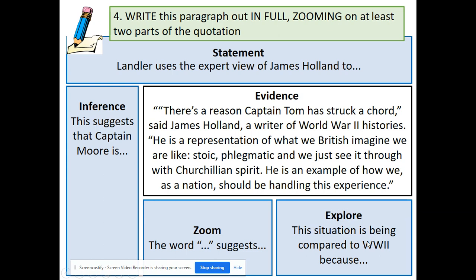And then in your explore at the end, you're going to show your little bit of understanding about the situation, I suppose, and why the writer is interested in making this connection between Captain Tom's military history and what's happening at the moment with the coronavirus and people fighting it in the NHS.